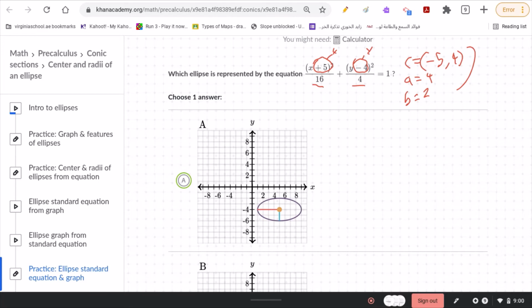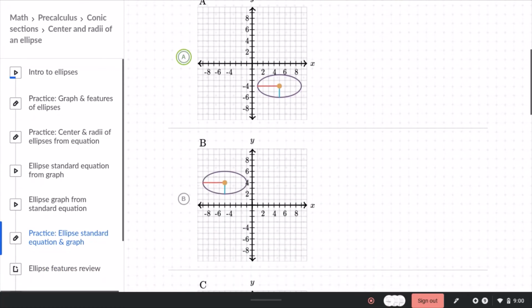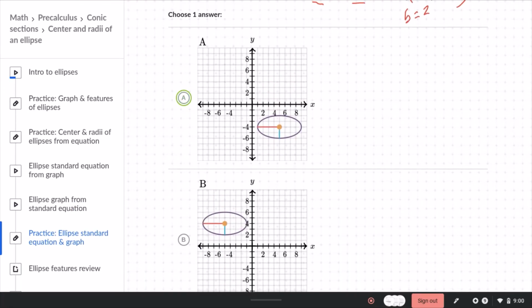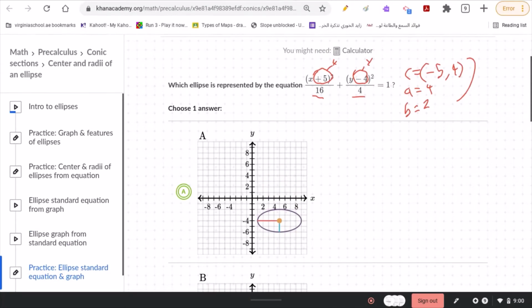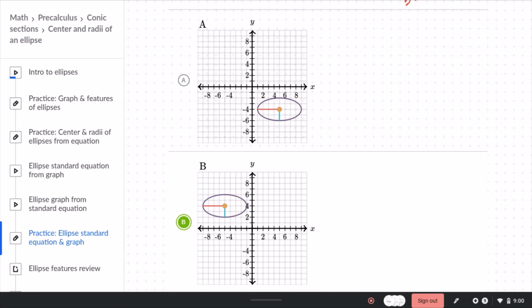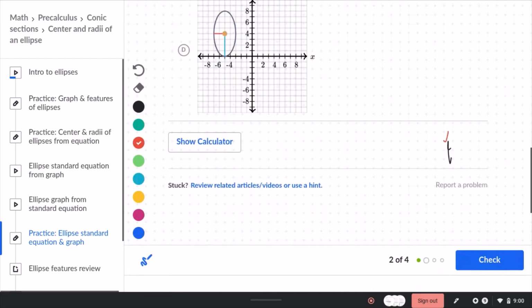So here we have 5, negative 4, so we pass it. We go to the second one. We have negative 5, positive 4, and we have the A, which is 4, and the B, which is 2. So the answer will be that one. We check it.